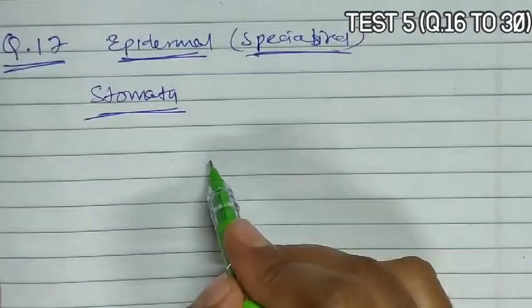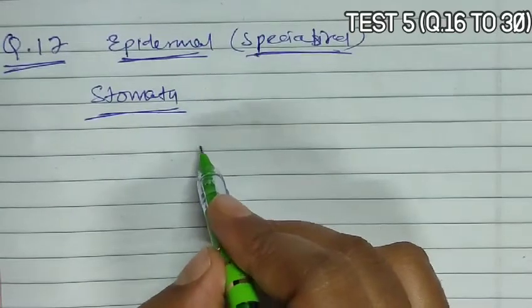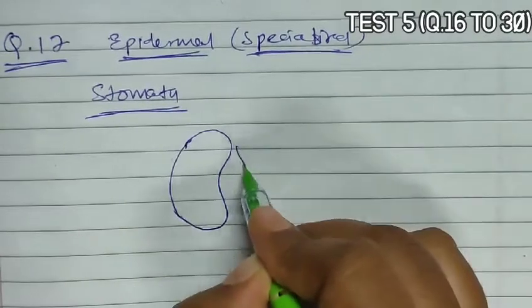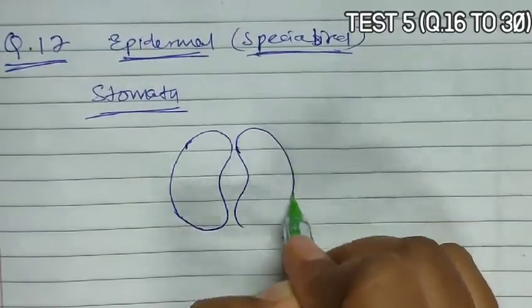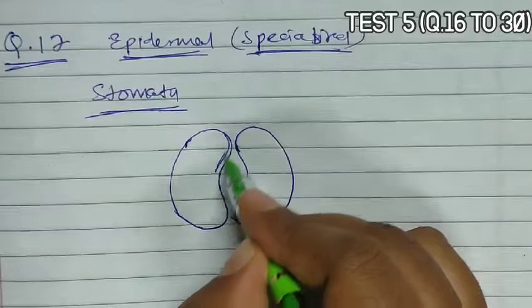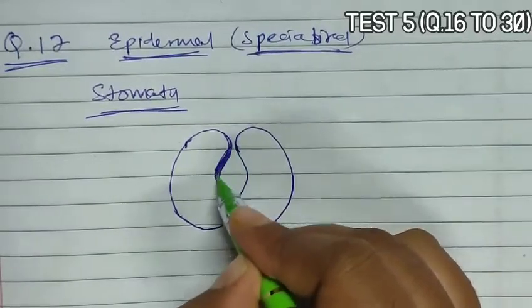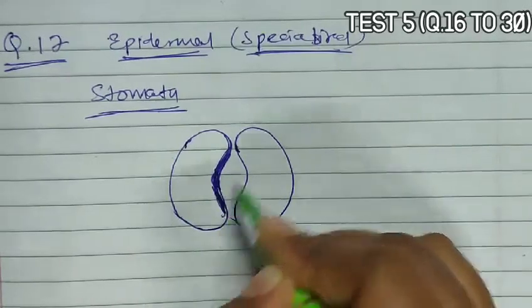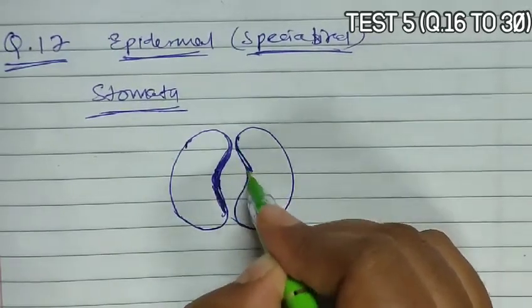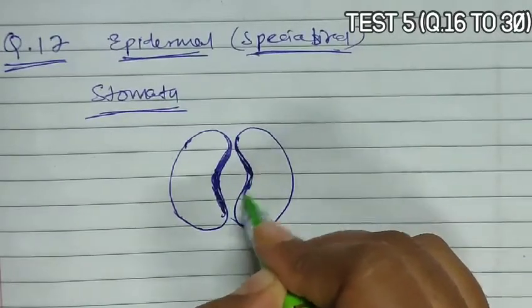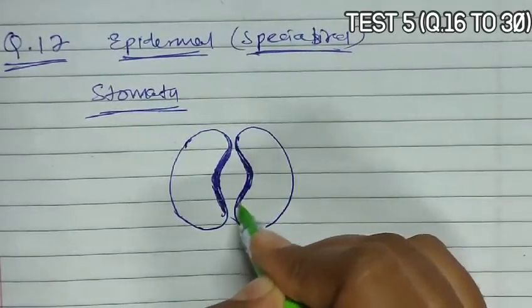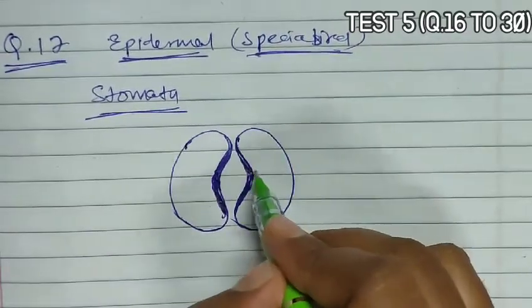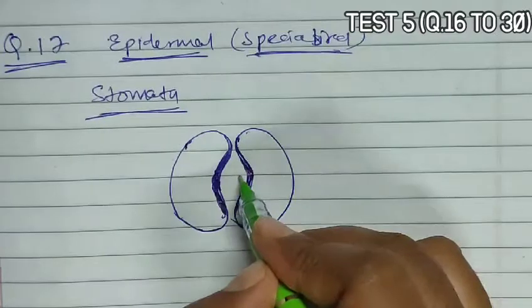in stomata you will find that specifically in a dicot they have bean shaped guard cells. Bean shaped guard cells have thick inner walls and thin outer walls, and they have stomata.